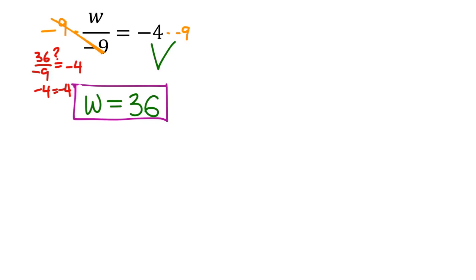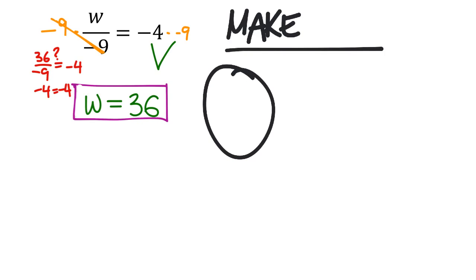This, of course, is outside of distribution and combining like terms, which we will see. You either want to make 0 or you want to make 1, which we've shown, right? Either you make a value 0 or you make it a 1. In this case, we made it a 1, right?